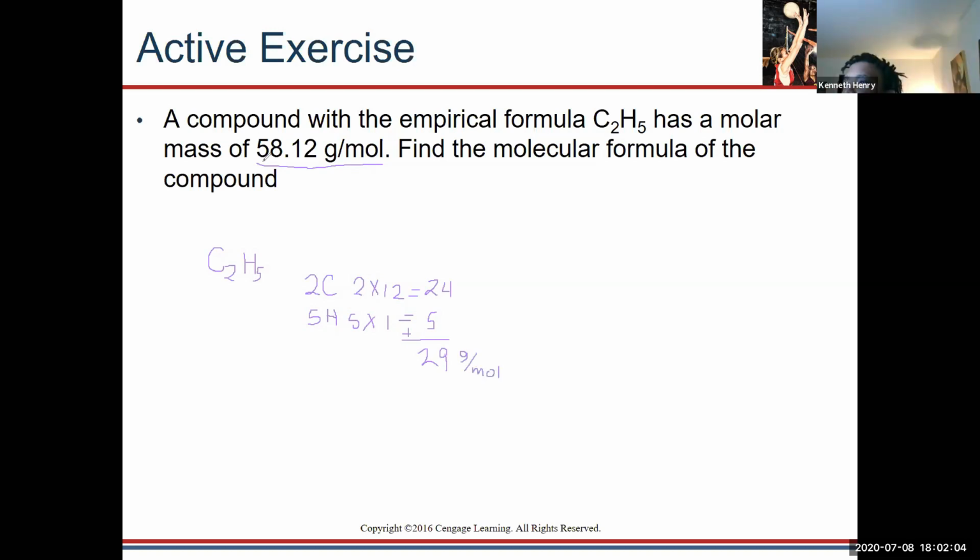Okay, so this is the molar mass of the empirical formula, and the molar mass of the actual compound is 58. What am I going to do with that?